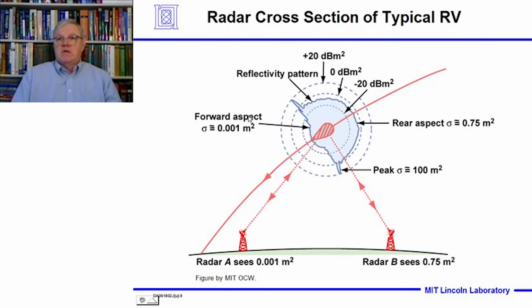Another example which shows you that the cross-section can be very different depending on where you're looking at it, and it's an object that's relatively easy to calculate, is a cone sphere. You take a cone and then at the back of it you make it a sphere.